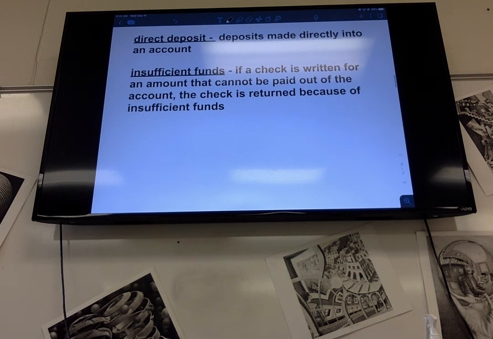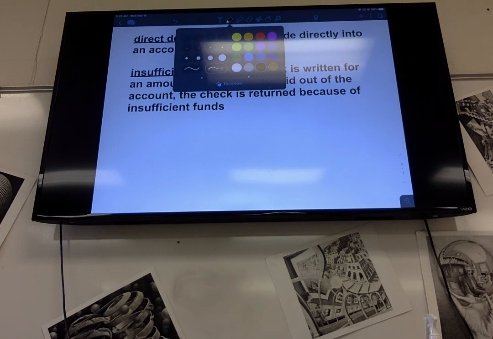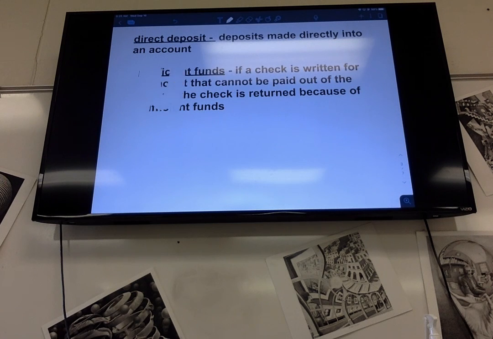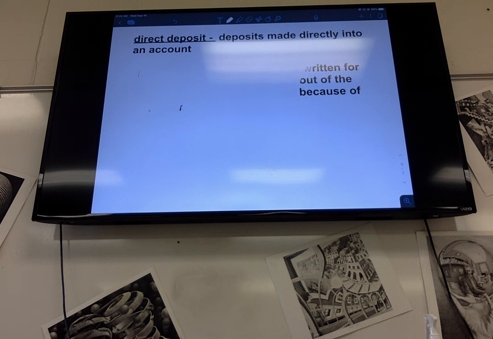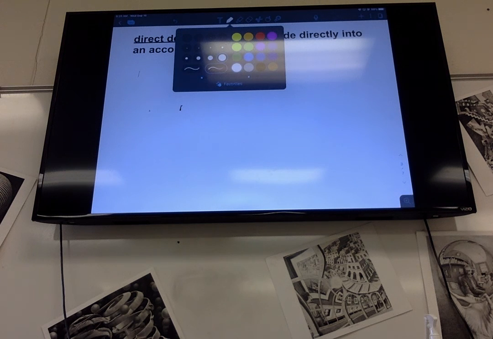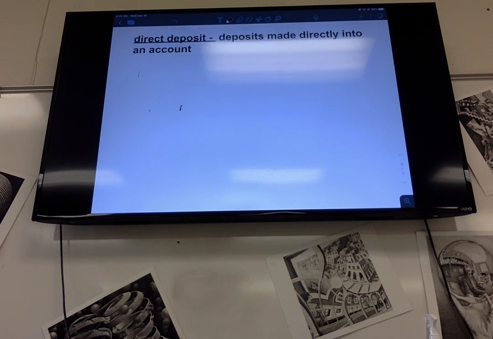A few more. Direct deposit, it's a deposit usually from your work, or it can be like the IRS does this too when you get a tax refund, and it's just a deposit that's made directly into your account.